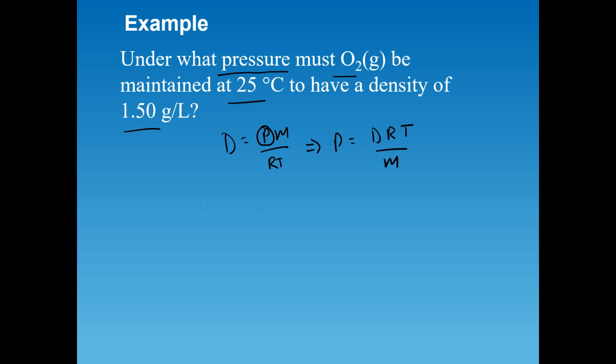And then all we have to do from here is plug the numbers in. So the density is given as 1.50 grams per liter times R, which is 0.0821 liters atmospheres over mole Kelvin, times the temperature, which is 25 degrees, which would be equal to 298 Kelvin.